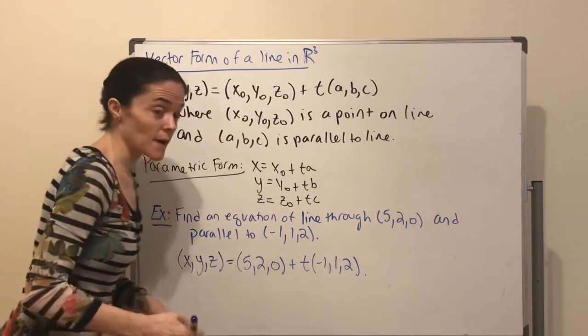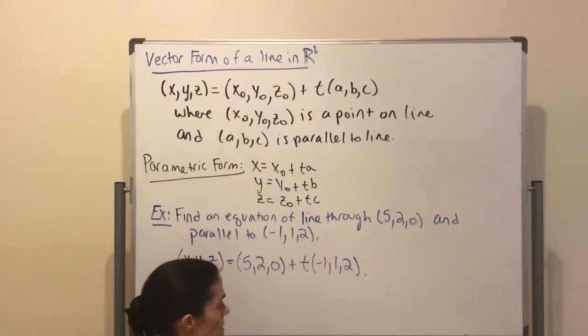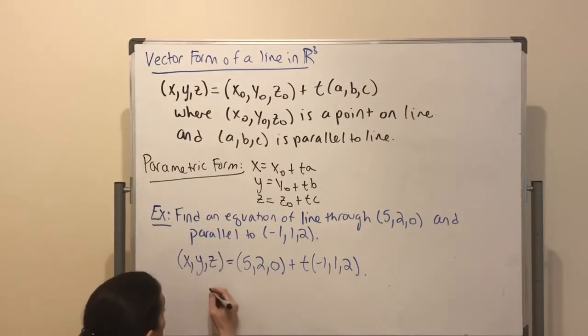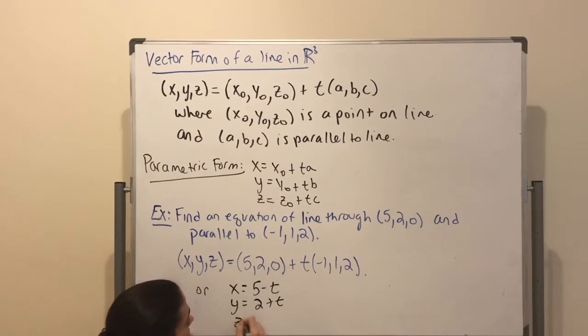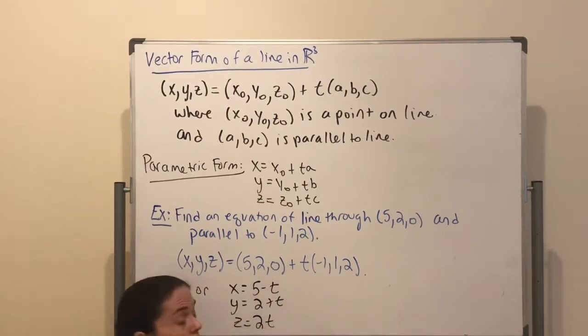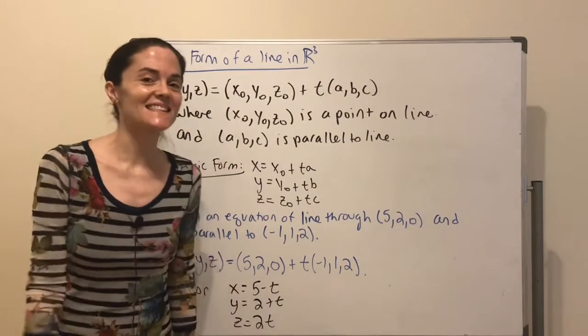And maybe for this one, I will also do the parametric form, but I won't do this every time. We could write x is 5 minus t, y is 2 plus t, and z is 2t. Okay, this is the parametric form. Both of these are giving the exact same line.